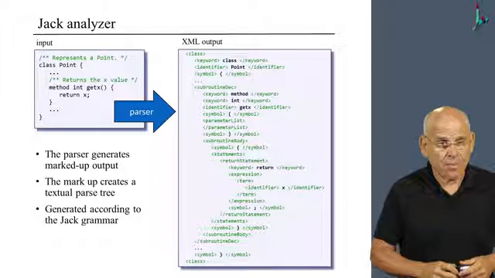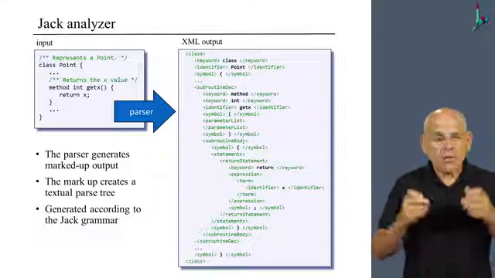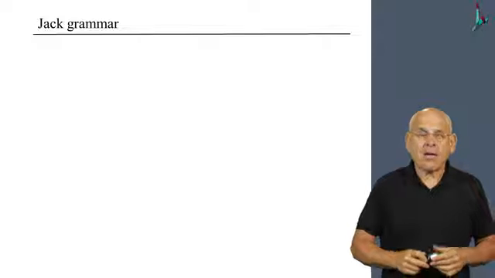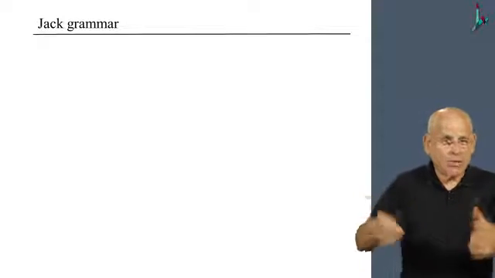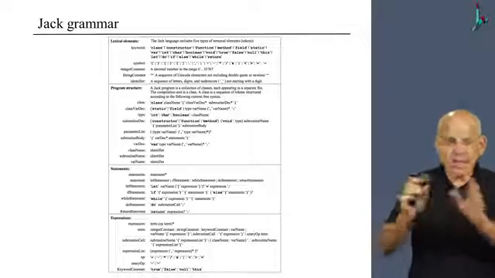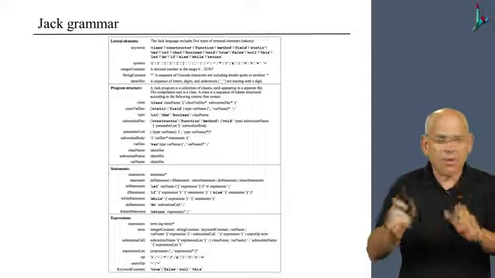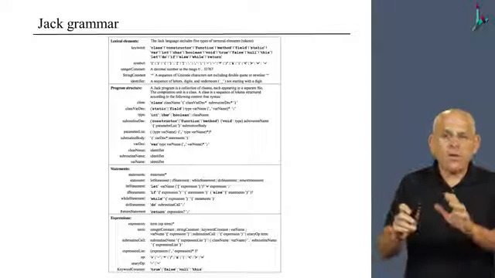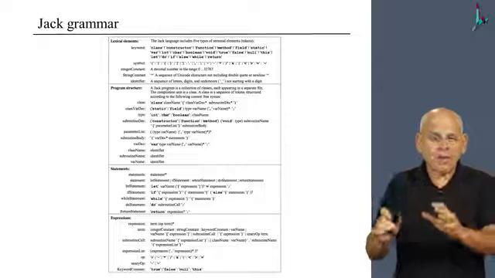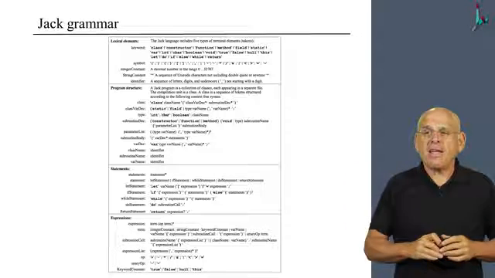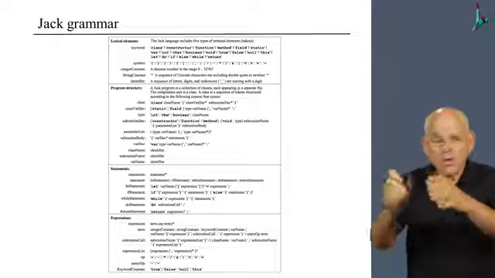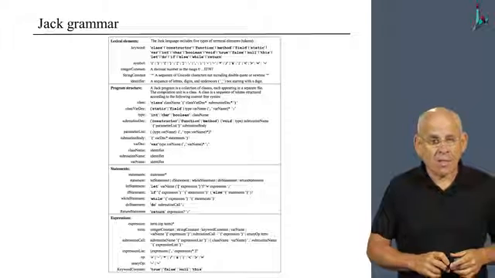So what I'd like to do next is go through the Jack grammar, and I'm not going to do it in detail. I will actually do it in broad terms, and show you how the parser should handle inputs that are structured according to this grammar.